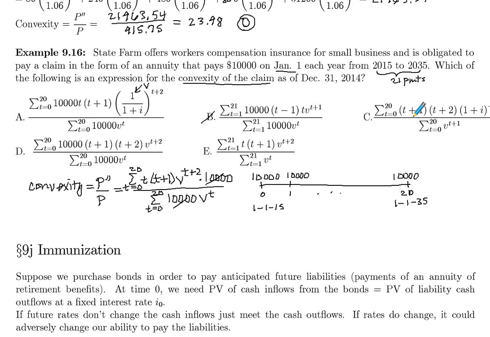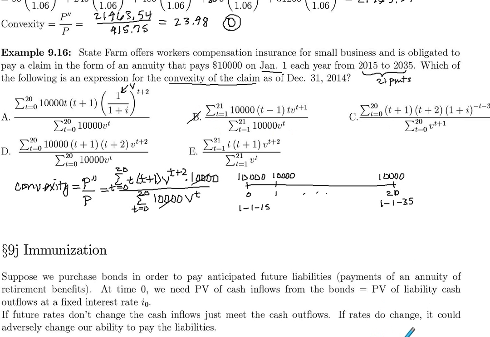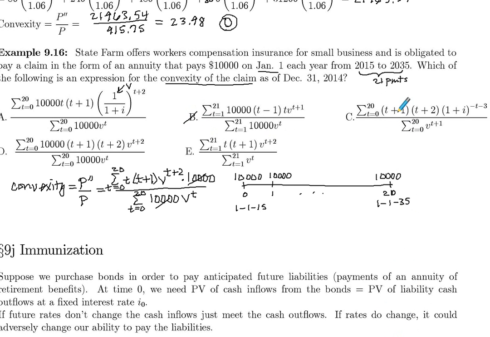And then here, we're summing up 0 to 20. We're doing t plus 1, t plus 2, 1 plus i to the negative t minus 3. This is the same as v to the t plus 3. So if you look at time 0, then this is going to be 1 times 2 times v cubed.